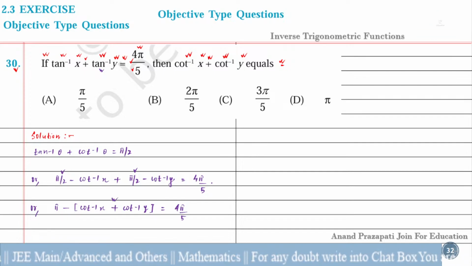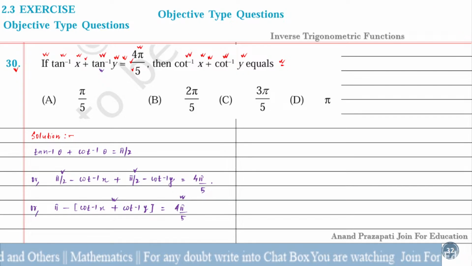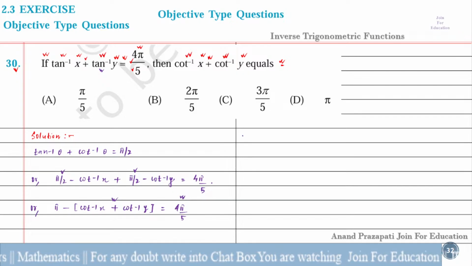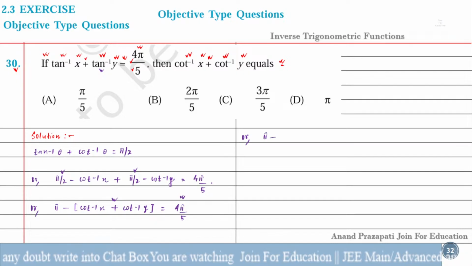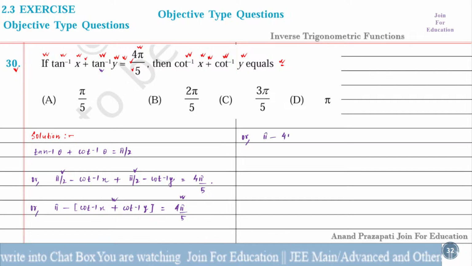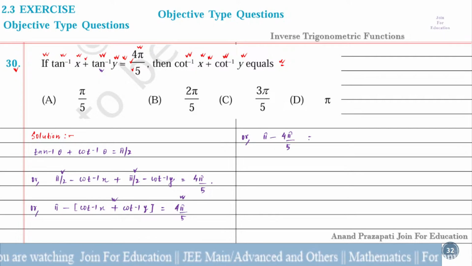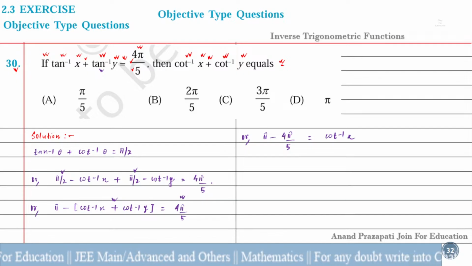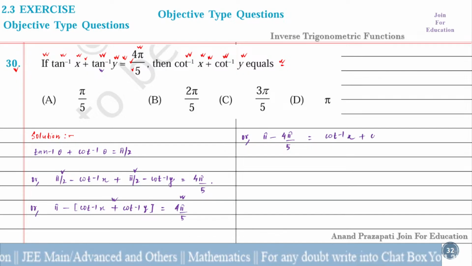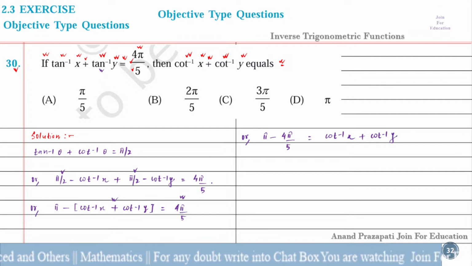Now this term moves to the right-hand side and this term to the left-hand side. Then in the next step, pi minus 4 pi by 5 equals cot inverse x plus cot inverse y.